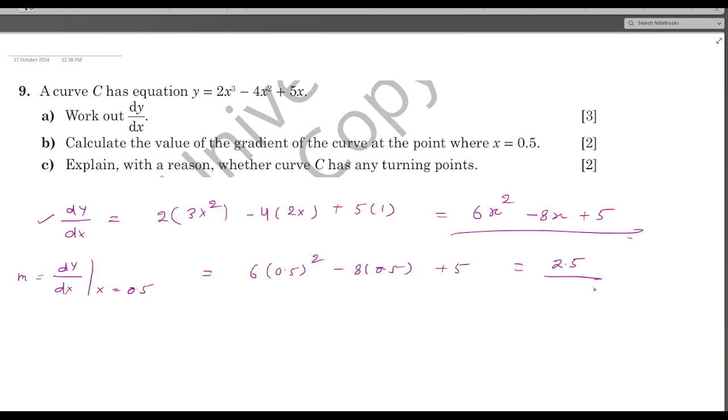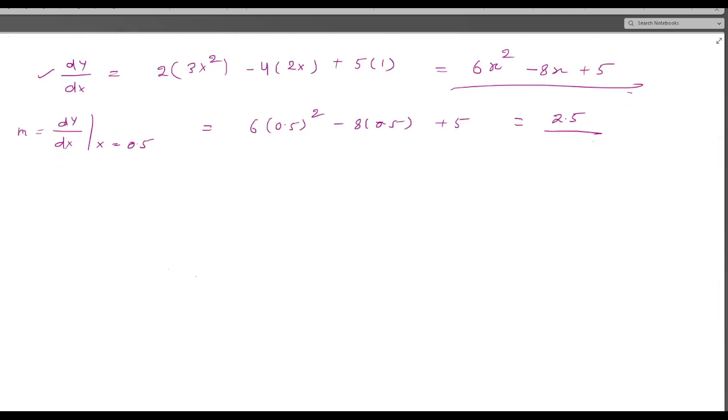Explain with the reason whether curve C has any turning point. Now for a turning point, your derivative should be equal to 0. So let us see dy by dx. Now your dy by dx equals 0. This indicates 6x squared minus 8x plus 5 equals 0.